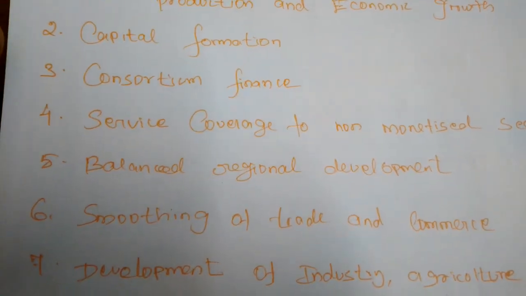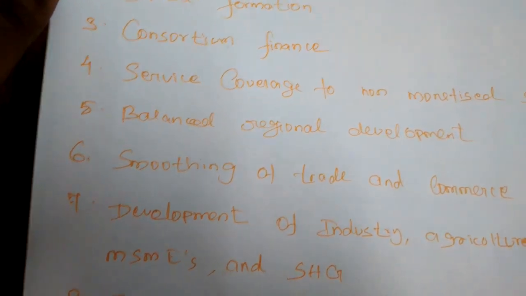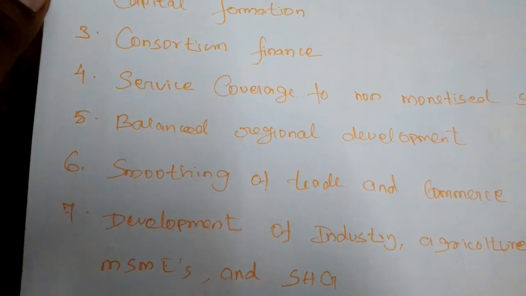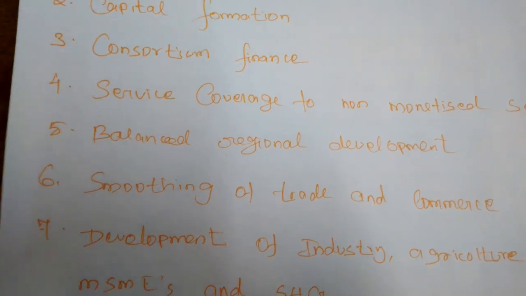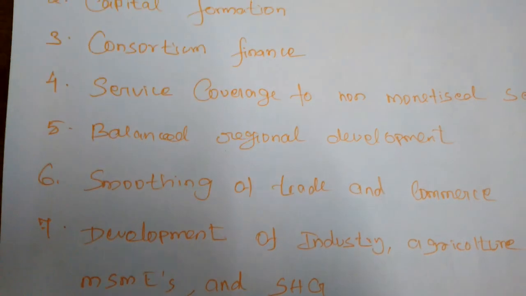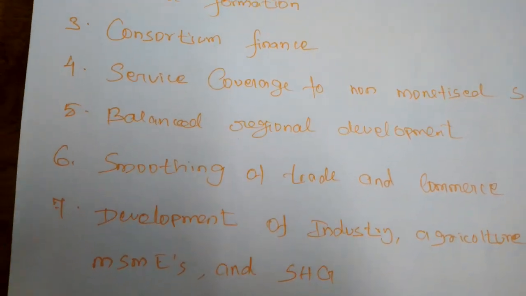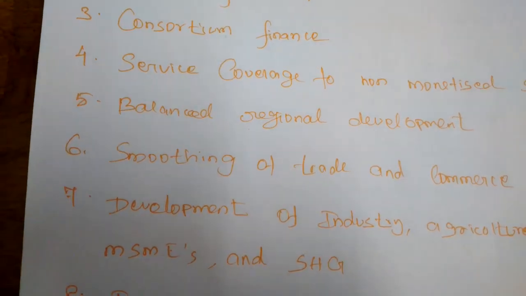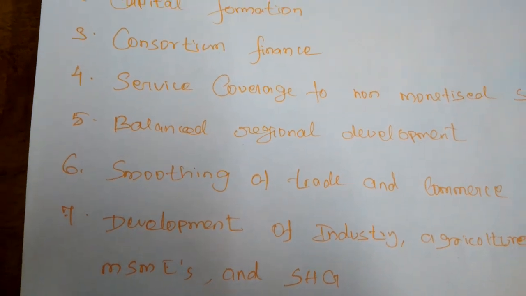Next, balanced regional development. The banks transfer funds from surplus areas and make them available in scarce districts or areas for the formation and operation of business institutions. So wherever the functions and the services provided by the commercial banks are extended, they will be transferred to the small areas and the areas where scarce districts are there.